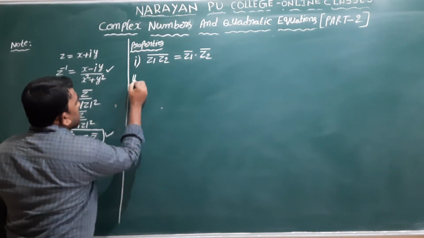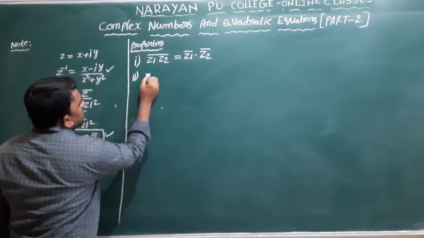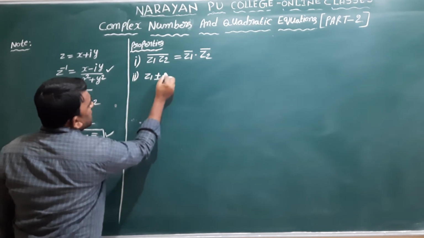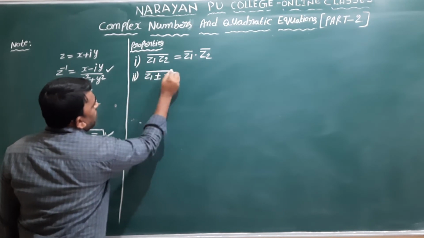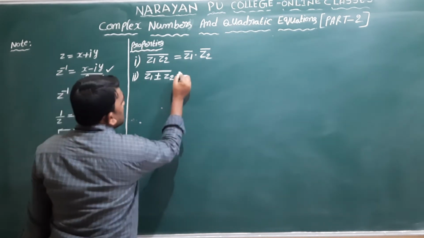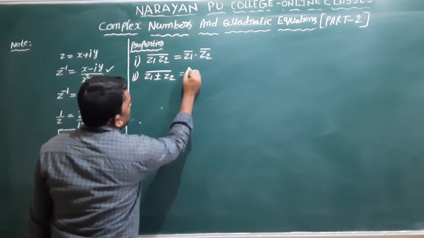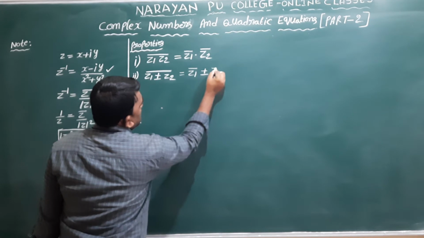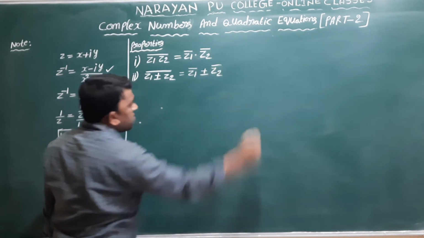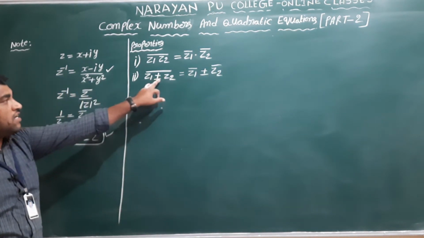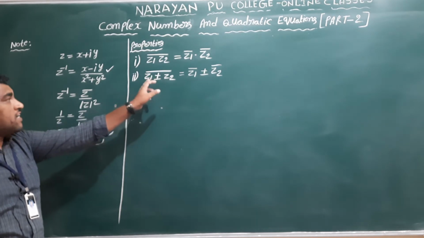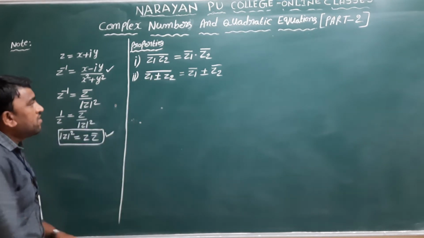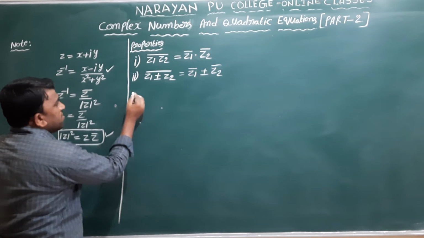The second one: z1 plus or minus z2 whole bar is equal to z1 bar plus or minus z2 bar. That means for plus and minus we can take separate conjugates.